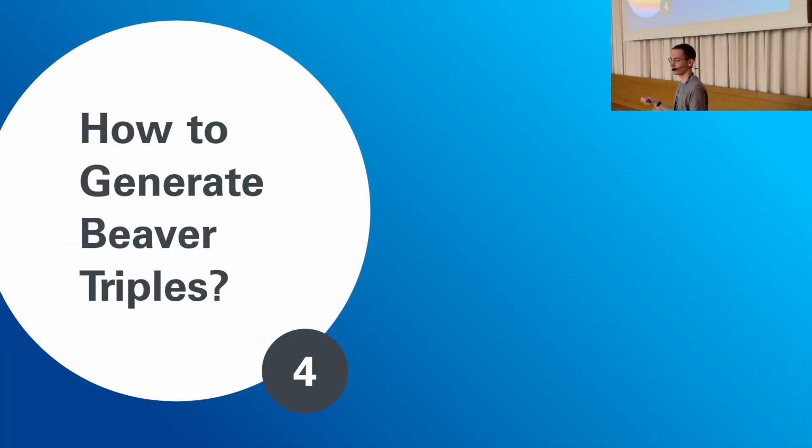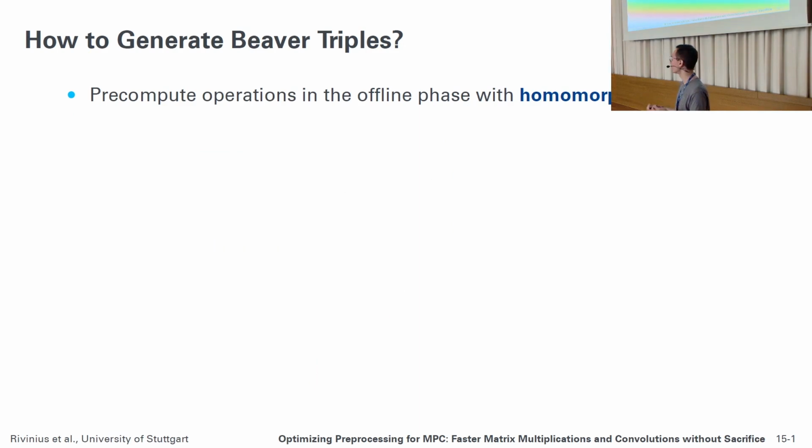So how do we generate these Beaver triples in general? One very basic and popular technique is just to use homomorphic encryption. We have to do the multiplication, or the matrix multiplication or convolution, in an offline way somehow beforehand, and homomorphic encryption is a good candidate because you can multiply things without revealing the inputs to the other party.